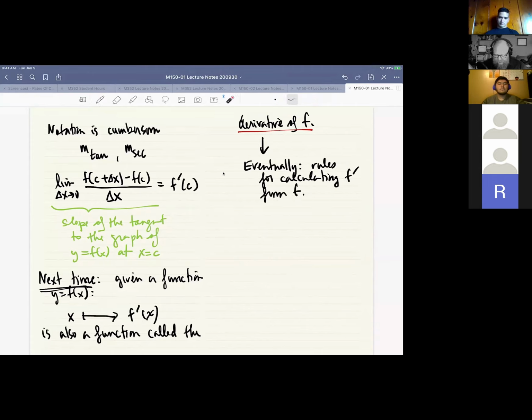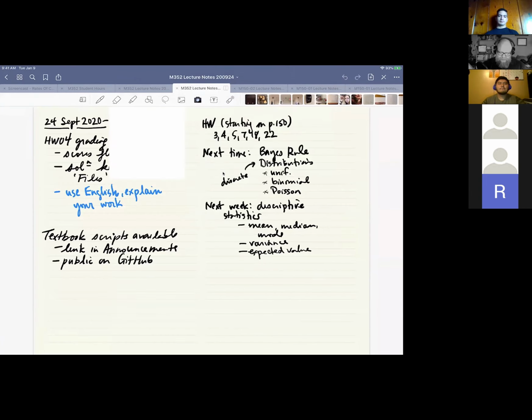But until we talk about those rules, this is what we're going to use. Okay, so it's going to require a little algebra, and then it's going to require us to evaluate a limit. All right? And the functions that we'll start with, that we'll be most interested in calculating derivatives of, are going to be monomials, simple polynomials.